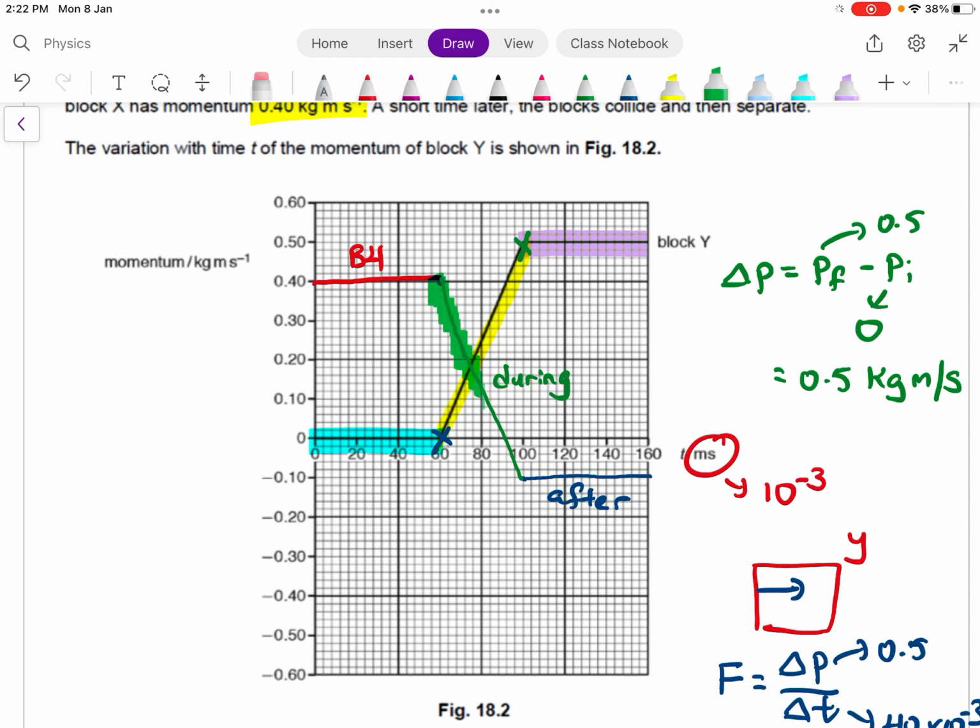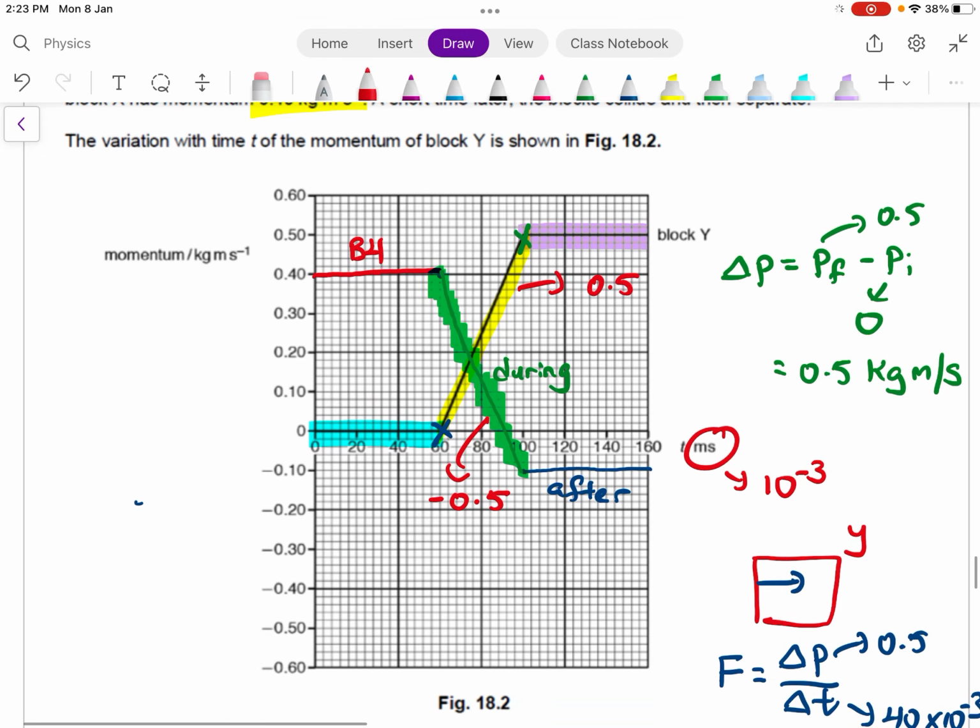So this yellow line, we calculated the gradient, because remember for momentum-time graph, the gradient actually represents the force, or delta P over delta T. This yellow shaded region, the gradient is roughly, oh, not 0.5, sorry, it's actually 12.5.